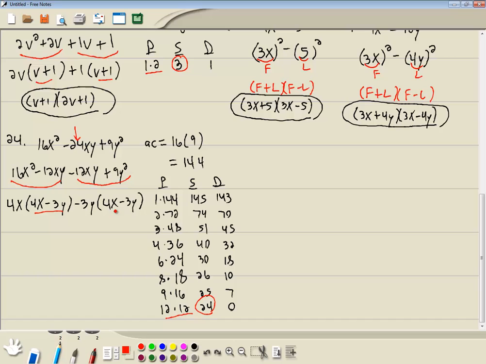Again, our goal is to get this parentheses the same as this one, and it is. So I'll factor that out. To see what goes in your second set of parentheses, you can cross out your 4x minus 3y's, and what isn't crossed out is what goes right here, which is 4x minus 3y. Or you can write it as 4x minus 3y squared if you wanted to.